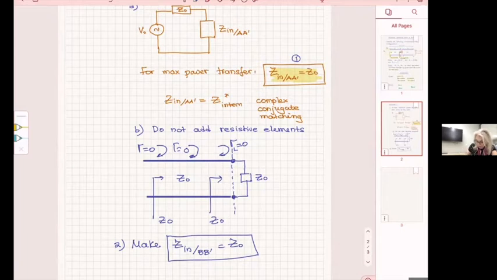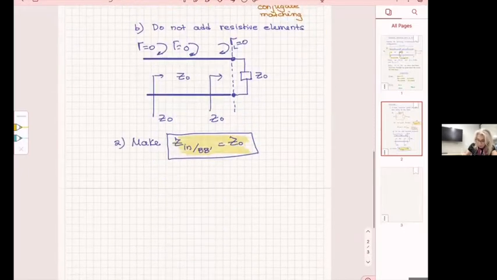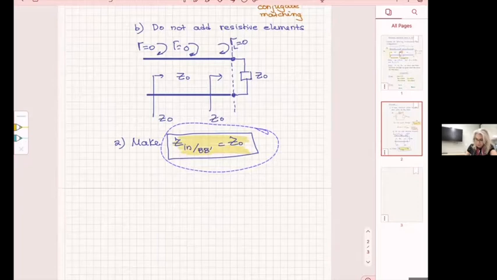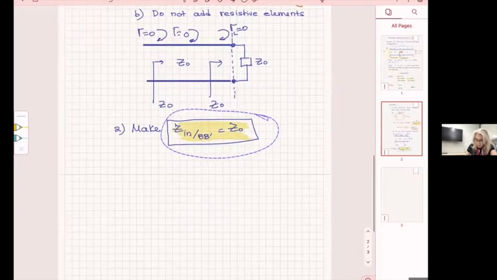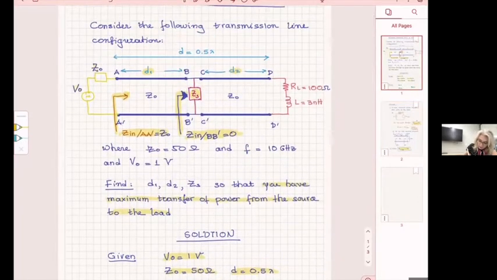Because if I make this happen, then this happens here, and then I have maximum transfer. So I have to make this equal to Z naught. So now I know that I have to make this one equal to Z naught.